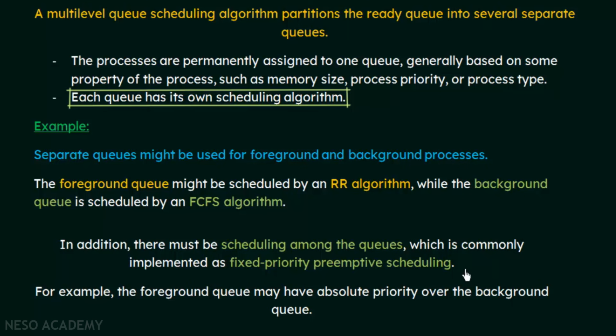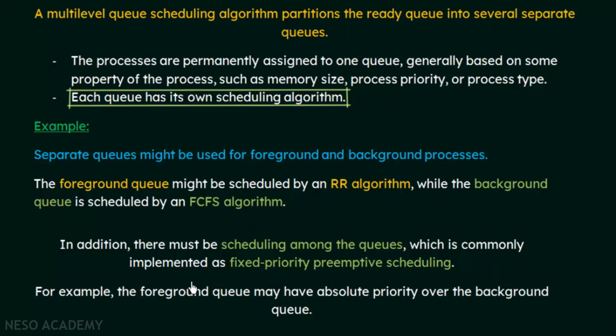What we mean by this is that so far we have been talking about scheduling among processes that are in a particular queue. The processes in the foreground queue are going to be scheduled using the round robin algorithm among themselves, and the processes in the background queue will be scheduled by an FCFS algorithm among themselves.